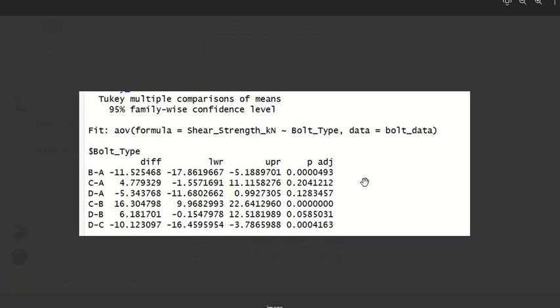But D is the same as A. D is the same as A, then B should be the same as A, if B is the same as D. Sorry. B is the same as D as well. B is not the same as A.